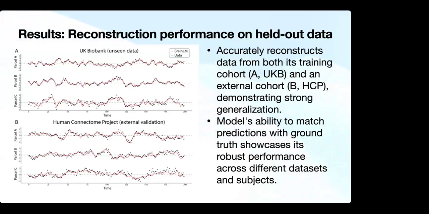So in the figures that they're showing here on the left-hand side, they're claiming that their model accurately reconstructs data from both its training cohort and its external cohort, demonstrating strong generalization of their model to unseen data. So they're saying their model's ability to match predictions with ground truth showcases its robust performance across different data sets and subjects.